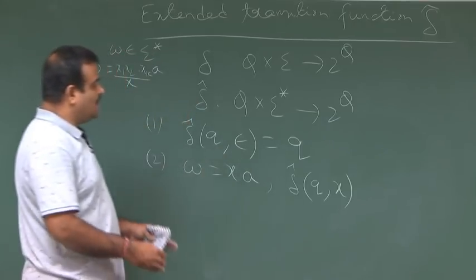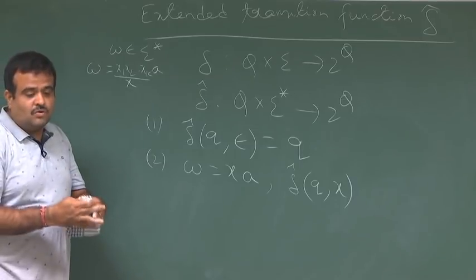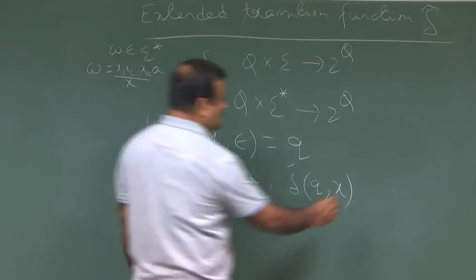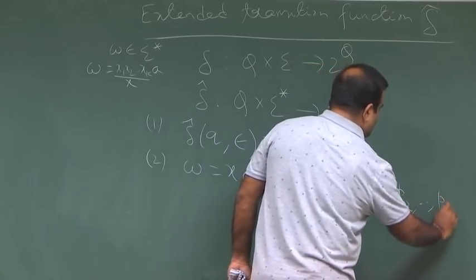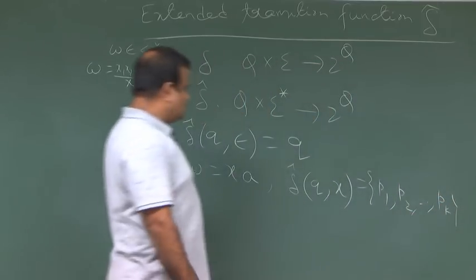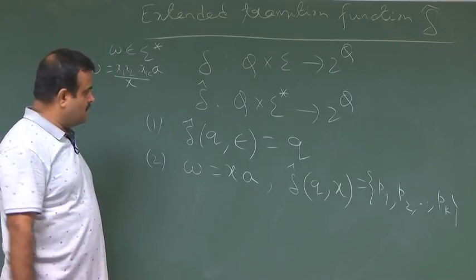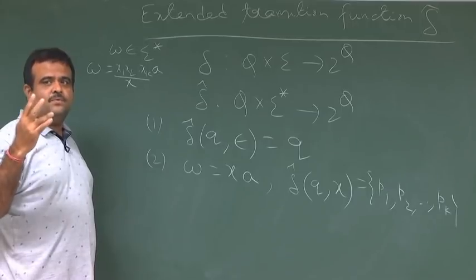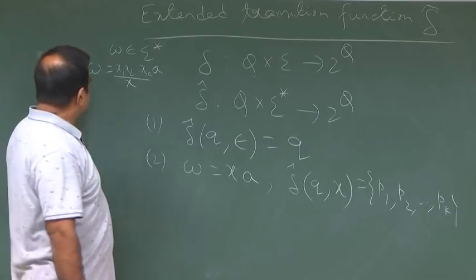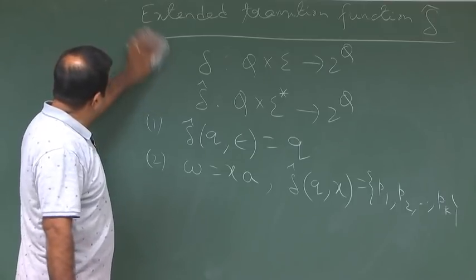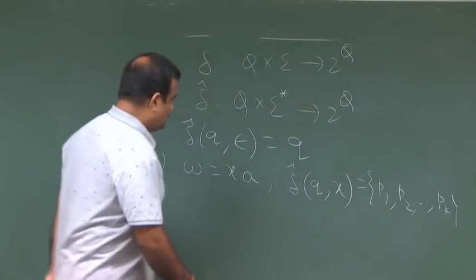Earlier for a DFA it was a singleton state, but now this could be many states. Suppose this is P1, P2, ..., Pk. Then from there we take a move, we take an input a, and it can go again to multiple states from each state. So let us complete this.